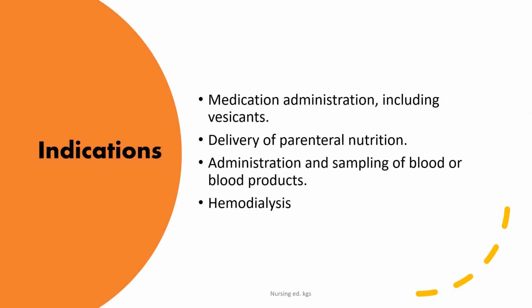So a tunneled catheter may be inserted for medication administration, including vesicants, or delivery of total parenteral nutrition, as well as administration and sampling of blood or blood products and hemodialysis.